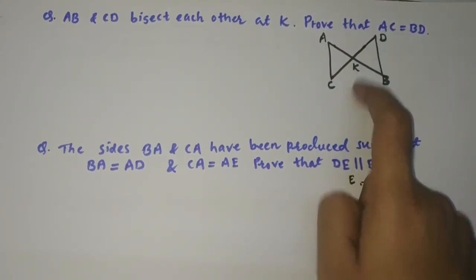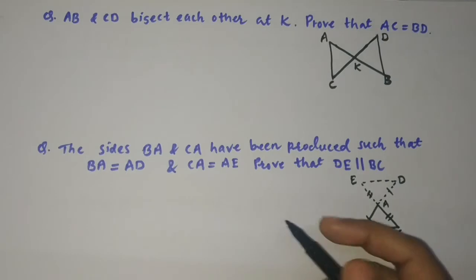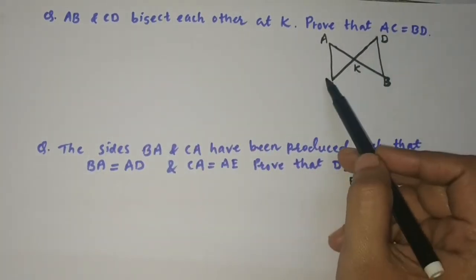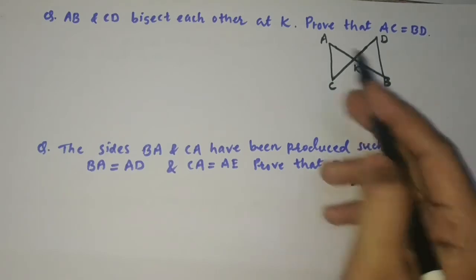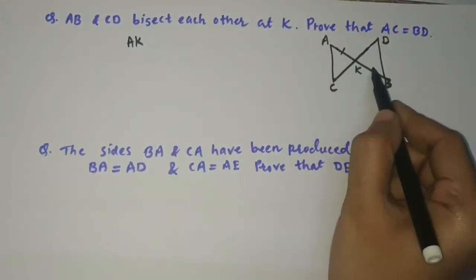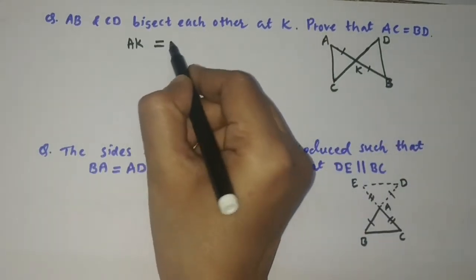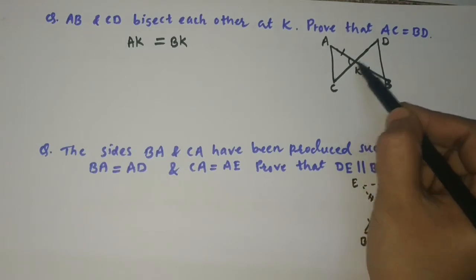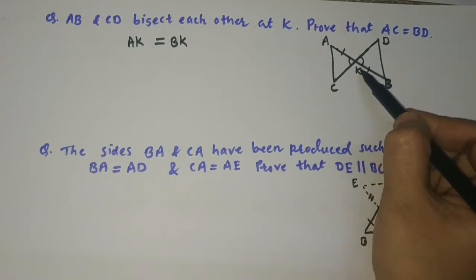Okay friends, so first of all we'll check out the congruent parts. As AB and CD bisect each other at a point K, we have AK side equal to BK side. Again friends, at K, if you see carefully, this is a vertically opposite angle.